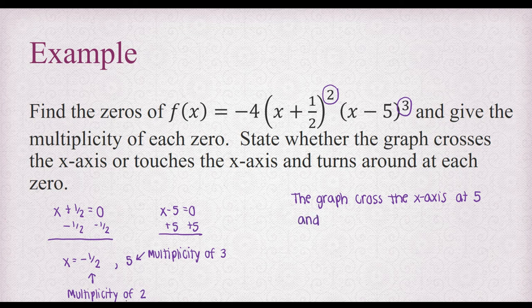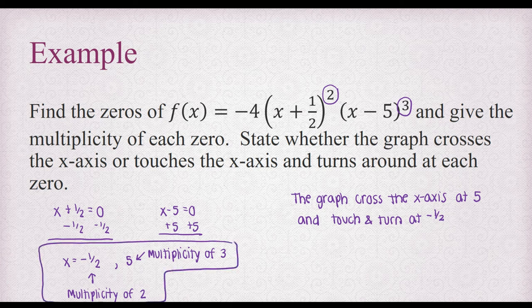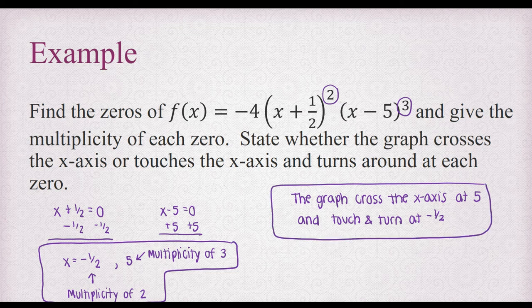And because that -1/2 is an even multiplicity, it's going to touch and turn at -1/2. So all of this was an answer, and then all of this was an answer. So I stated the zeros, stated the multiplicities, stated if it crosses or touches and turns.